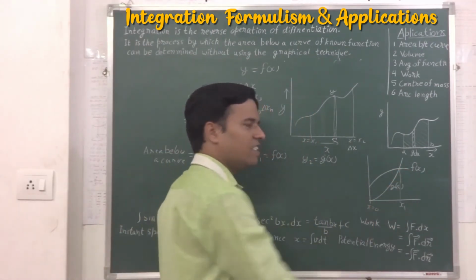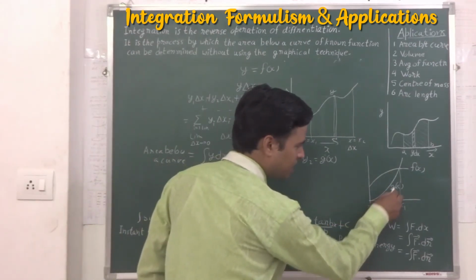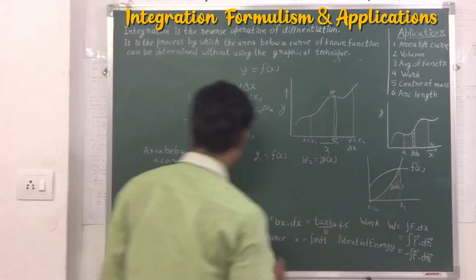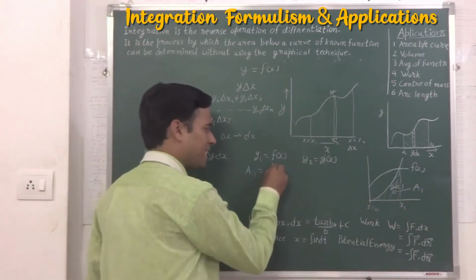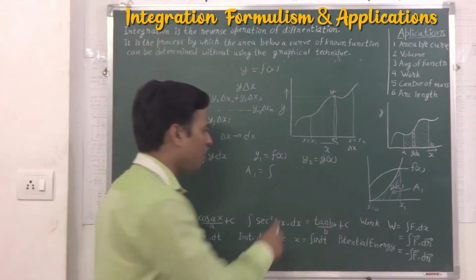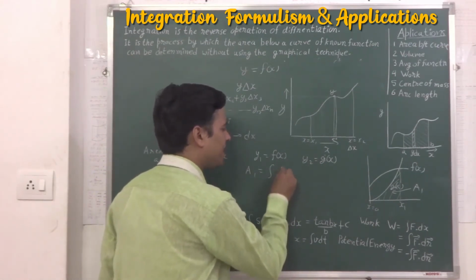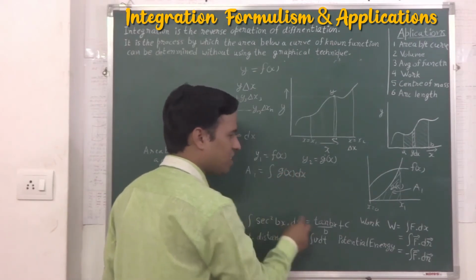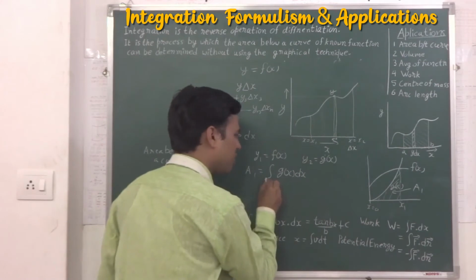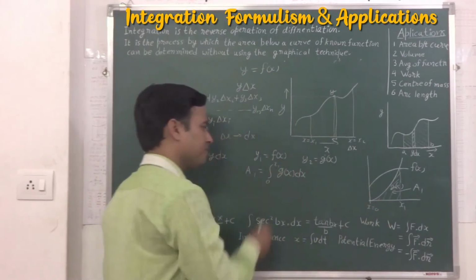Now dear students, the area below this curve, area A1, can be calculated by the integration of the second function y2, or you can write it as the integration of g(x) with respect to dx from x equal to 0 to x equal to x1.